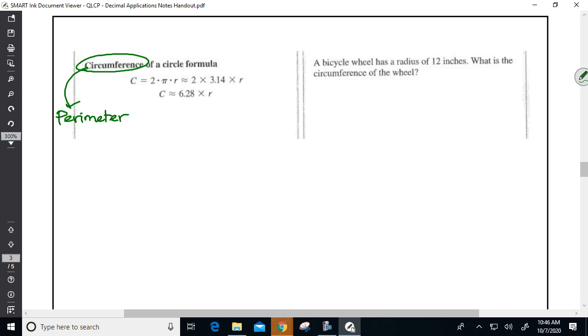So the circumference is 2 times pi times the radius. So pi is 3.14. So the circumference is 6.28 times the radius.